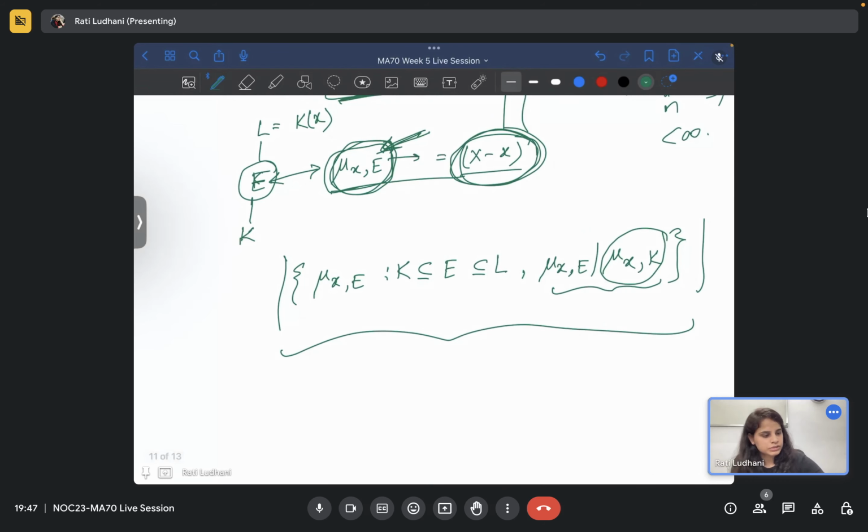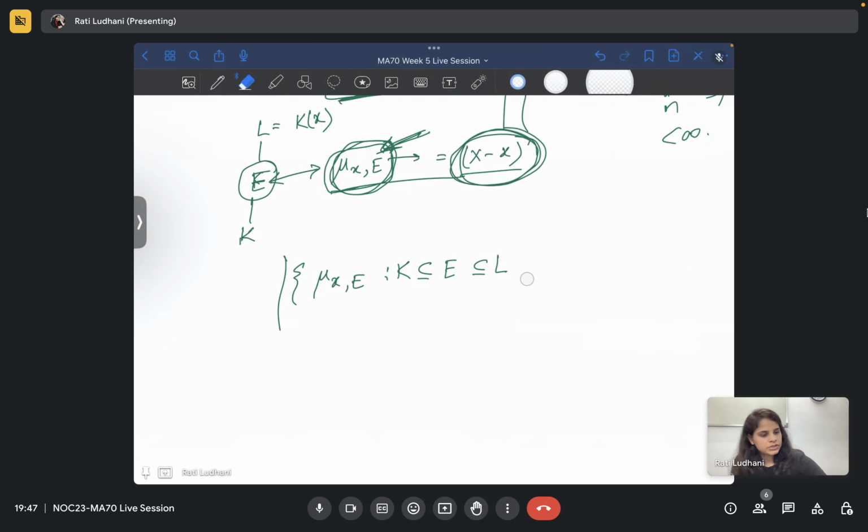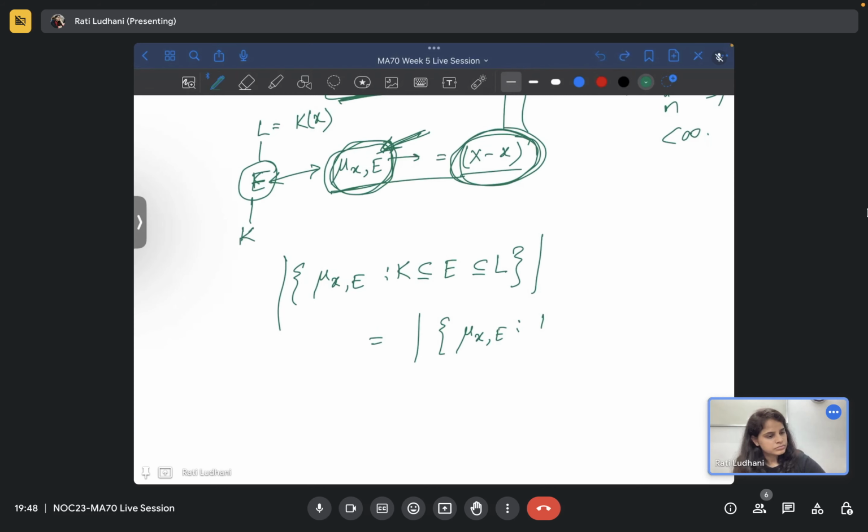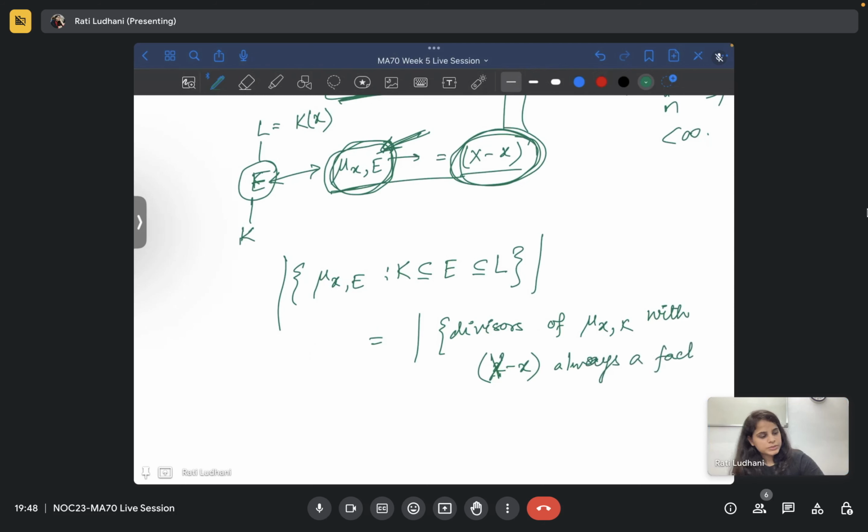So this set is the same as finding the divisors of mu x comma k with x minus alpha always a factor. This will always be a factor because it should be a minimal polynomial of x.